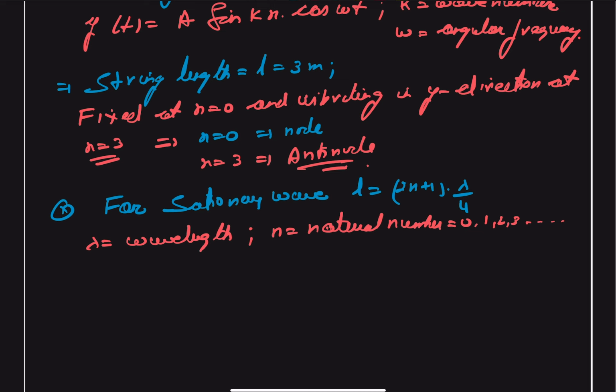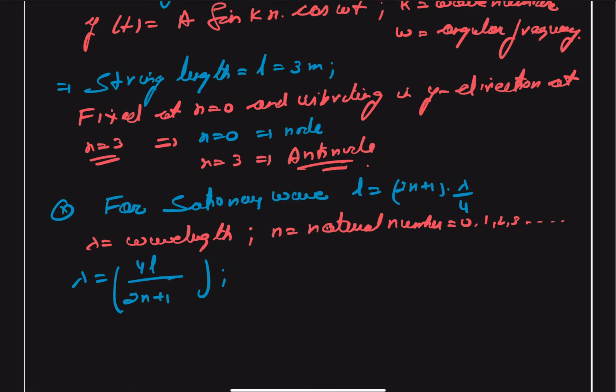So we can modify the equation, and from here we can write that our wavelength lambda will be equal to 4 times L divided by (2n plus 1).